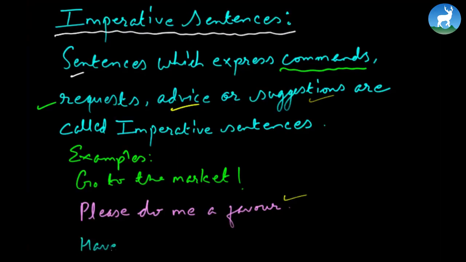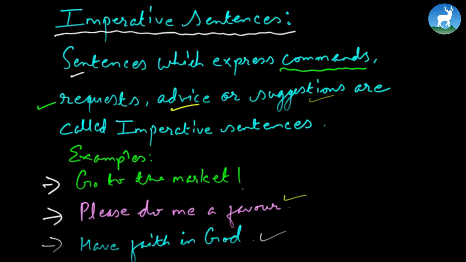Like for instance, have faith in God. So have faith in God is advice or a suggestion. So whenever sentences express commands like this, or whenever they express requests in any form, or whenever they express advice or suggestions, we call them imperative sentences.